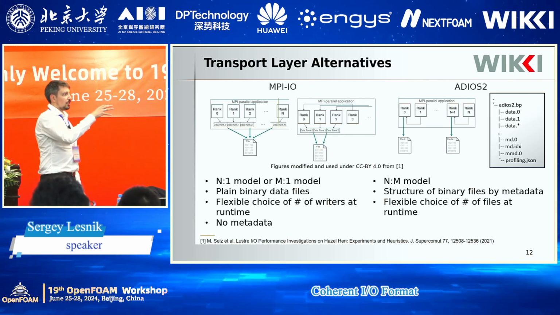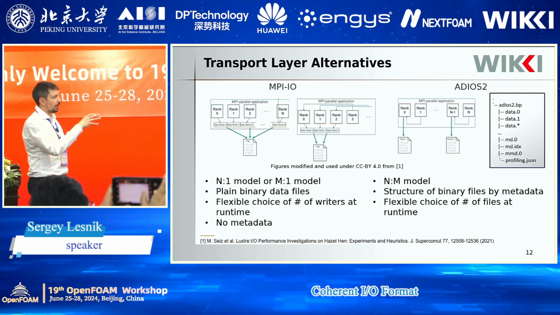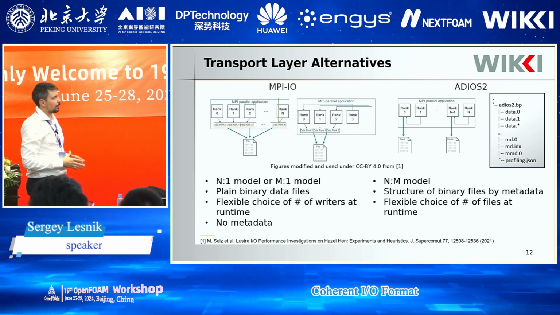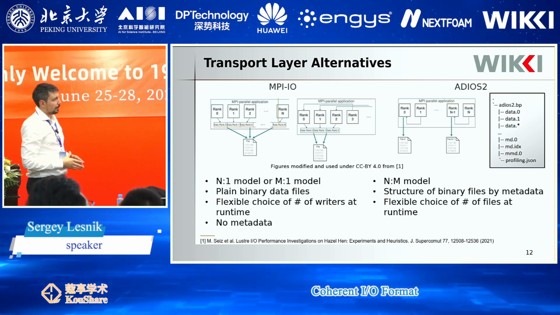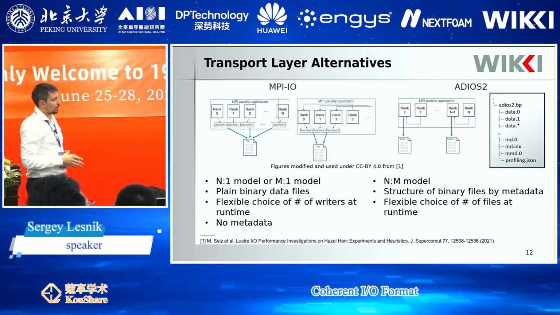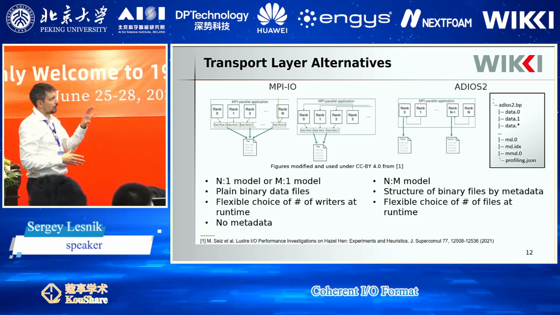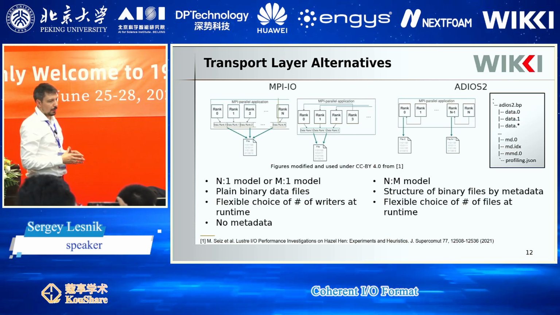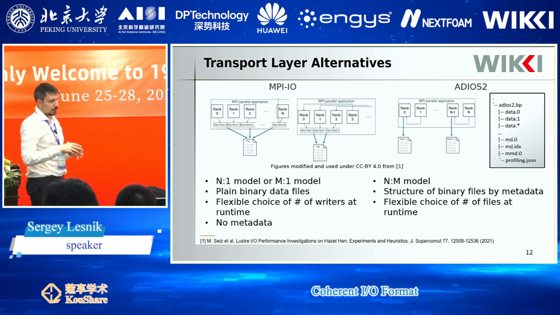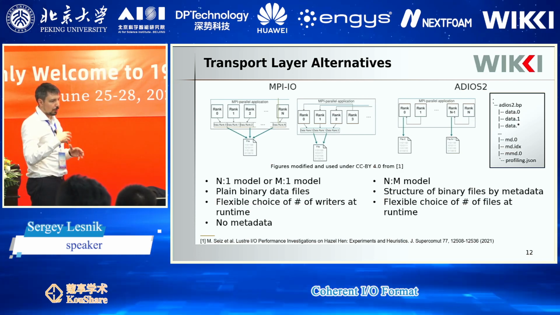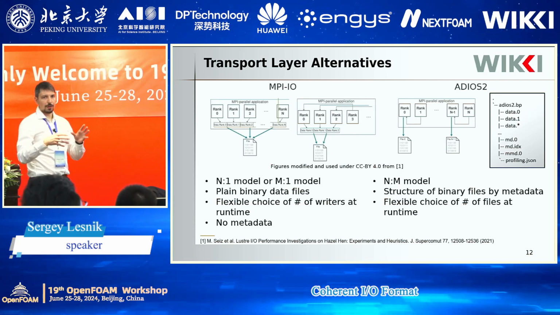There are other transport layers, for example, MPI-IO represented here. I think I won't go into the details, but the reason we didn't choose MPI-IO was because we needed to do more work on the management.